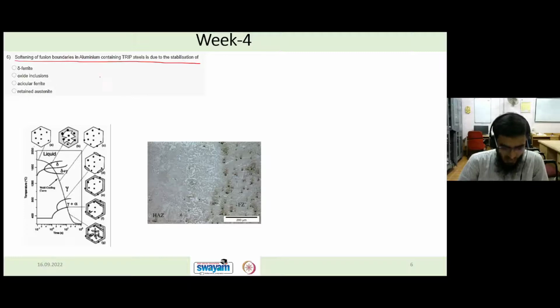Somebody is saying option B, that is oxide inclusion. Okay, now we'll see what is the correct answer, and we'll try to understand the concept.